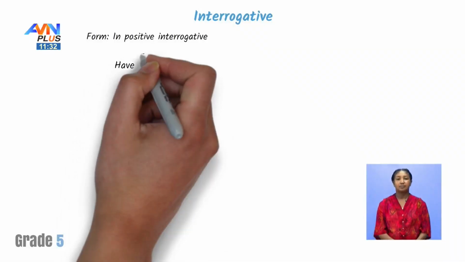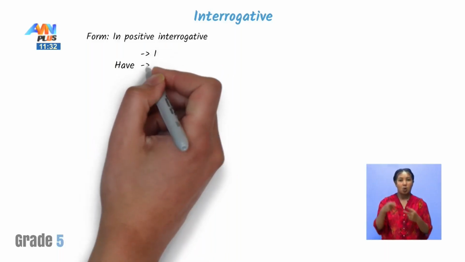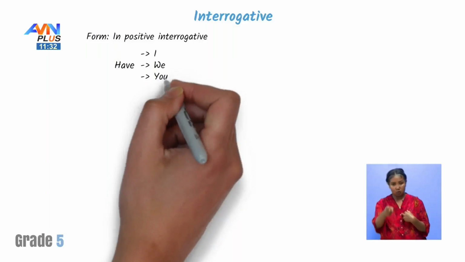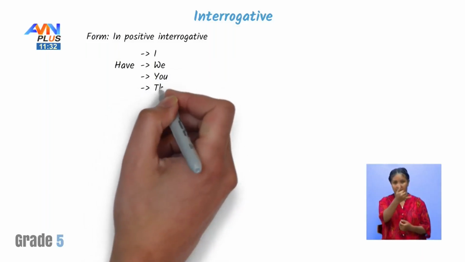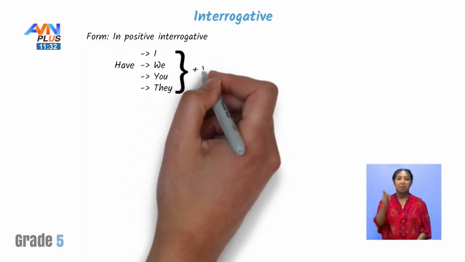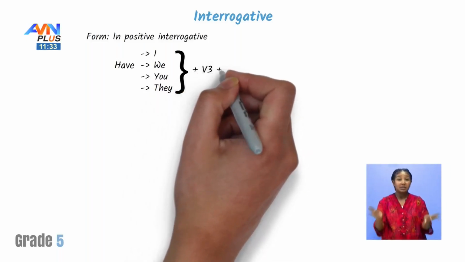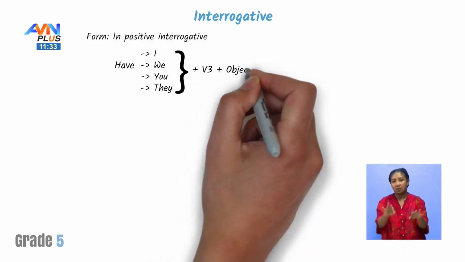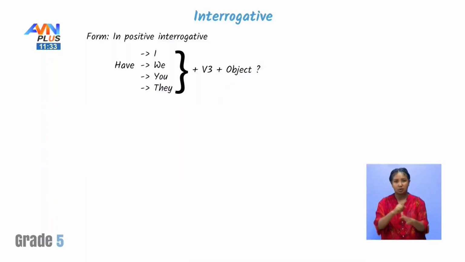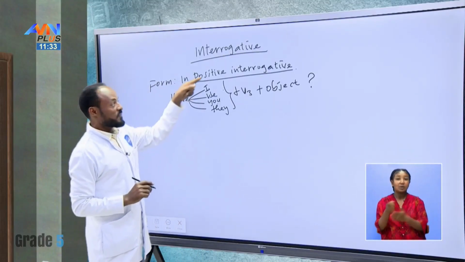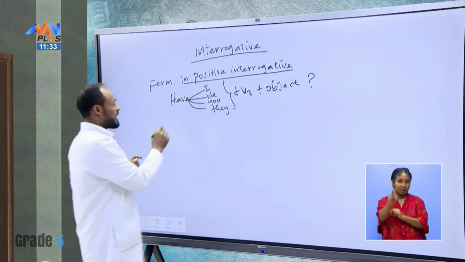Have I, have we, have you, have they, plus verb 3 or past participle. Then if necessary, you can add the object. At the end of the sentence, there should be a question mark. This one is for positive interrogative. What about has here?